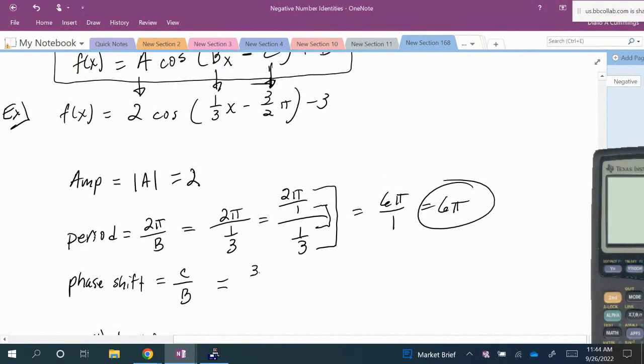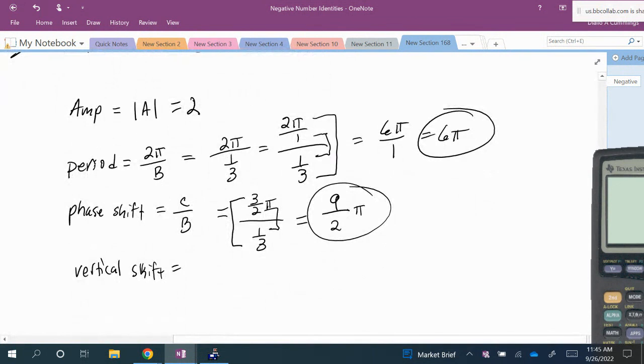So I'm going to set this equal to 3/2 pi divided by 1/3. I want to do the same thing: multiply the very top and the very bottom, 3 times 3 is 9. Multiply the bottom of the top and the top of the bottom, 2 times 1 is 2. And I'm going to attach pi. So the phase shift is 9/2 pi.